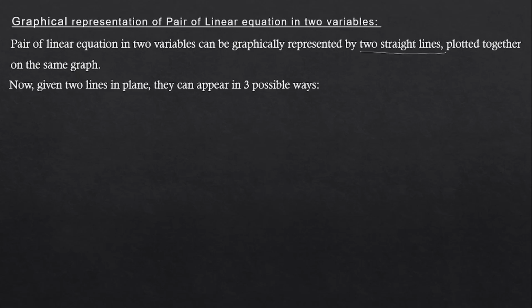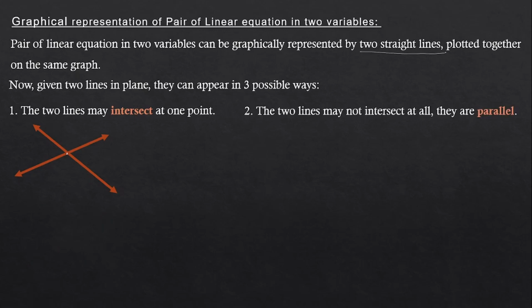Let us see how. So, if there are two lines in a two-dimensional plane, then they can appear in three possible ways. The first way, the two lines may intersect at one point. We can have two lines on the graph which are intersecting at a point. In the second way, we can have the two lines which will not intersect at all. When is it possible? It is possible when the lines are parallel to each other.